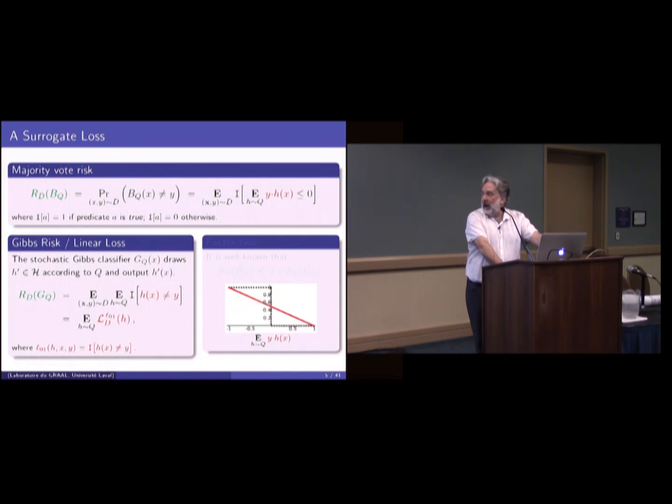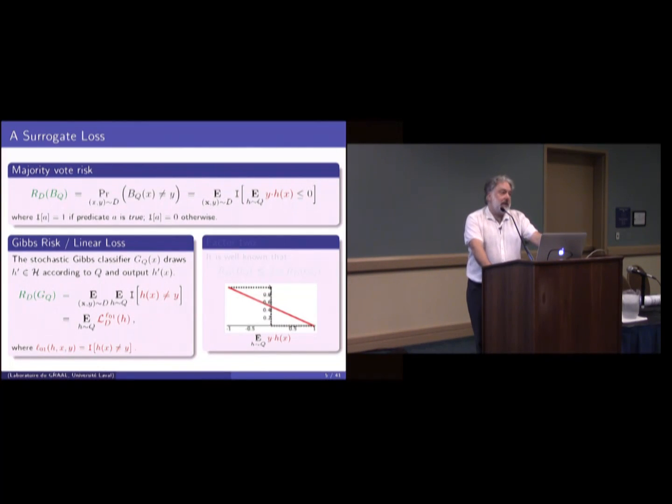Okay, and the problem in PAC-Bayes theory is that we are interested in the risk of the majority vote, but it's difficult to have a bound on it, because it's based on the indicator function, which is not continuous. So instead we try to bound a related classifier that we call the Gibbs classifier.